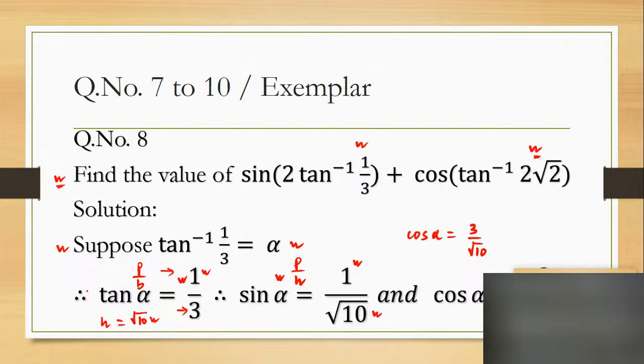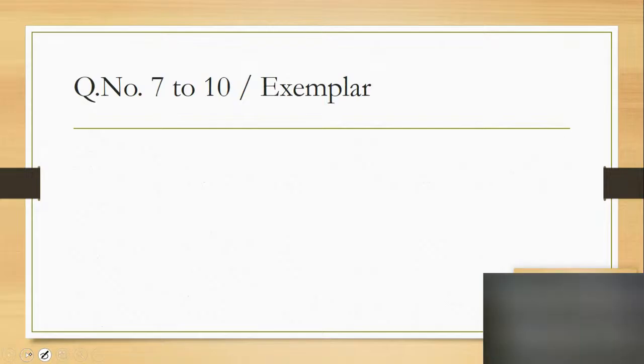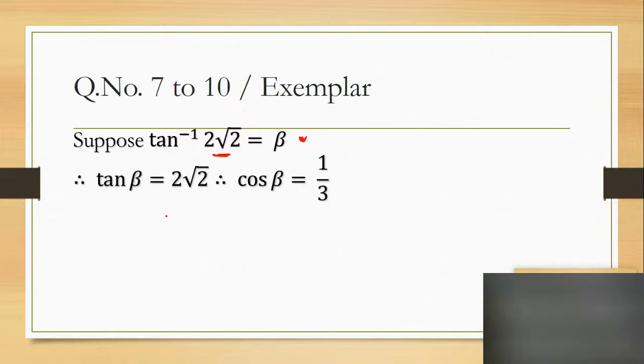So let's see the next step. Again, we suppose tan inverse 2 root 2 equal to beta. Therefore, tan beta equal to 2 root 2, and we know that tan equal to p by b. So we find out cos beta. Cos beta equal to b by h, and here we have b equal to 1, so I have written 1, and h will be the square root of p square plus b square.